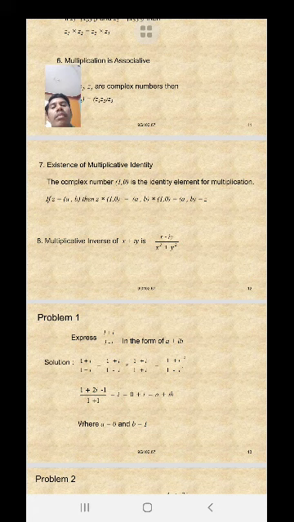Next, the multiplicative inverse of x plus iy is (x minus iy) by (x square plus y square). So these are the properties or formulas.